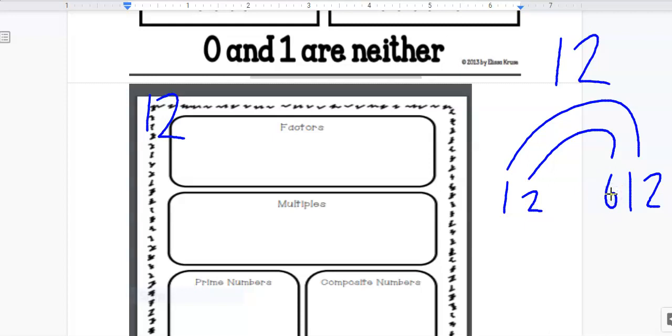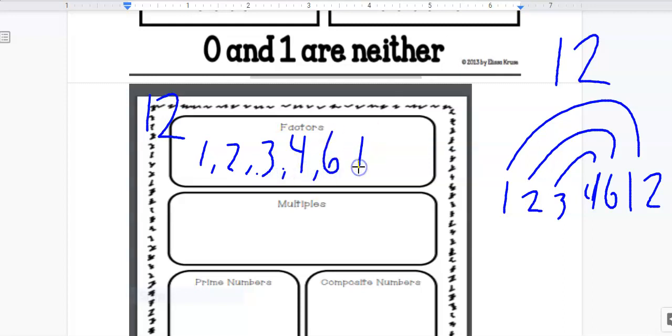Okay? Are there any more? Well, yeah, there's another one, isn't there? 3 multiplied by 4 is also 12, right, kiddos? So that would mean our factors are 1, 2, 3, 4, 6, and 12. Okay, so those are the factors of 12.